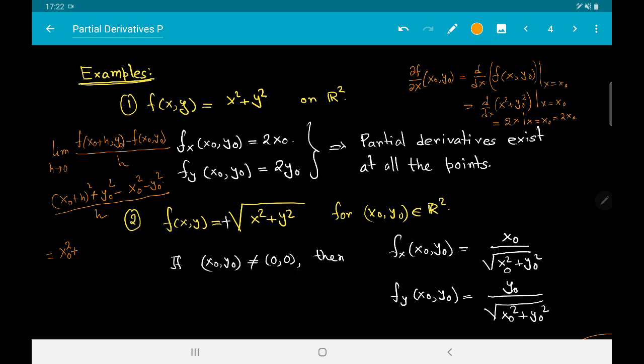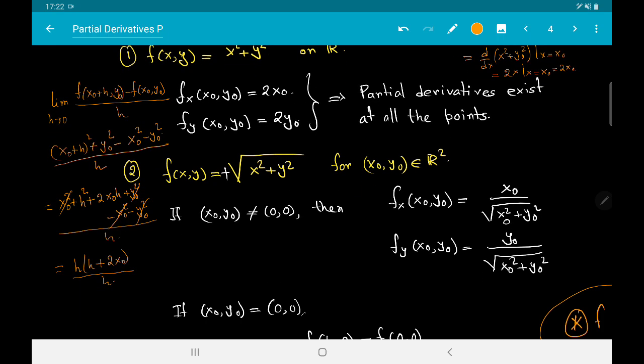So x0 square plus h square plus 2x0h plus y0 square, and then minus x0 square minus y0 square divided by h. You can see that these are going to be cancelled with each other, and all we are going to be left with is h times h plus 2x0 divided by h.